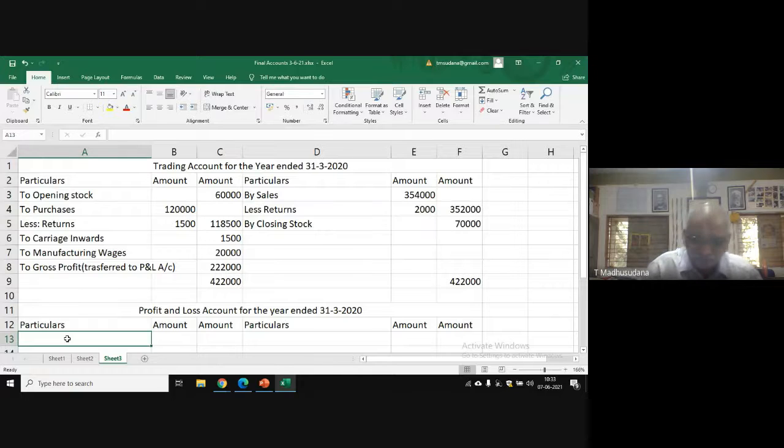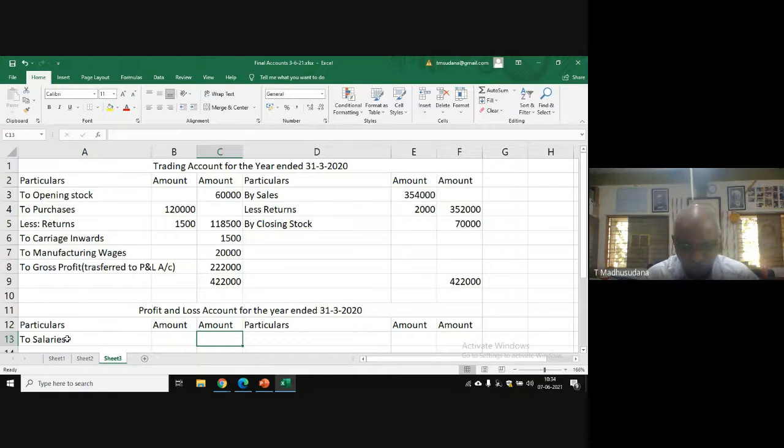Now the profit and loss account, debit side: all indirect expenses appear on the debit side. So, to salaries. There is no adjustment for salaries, therefore 13,600.